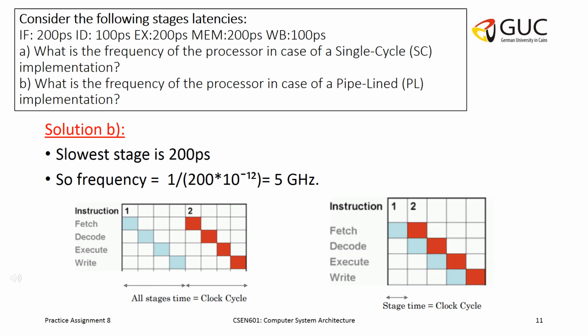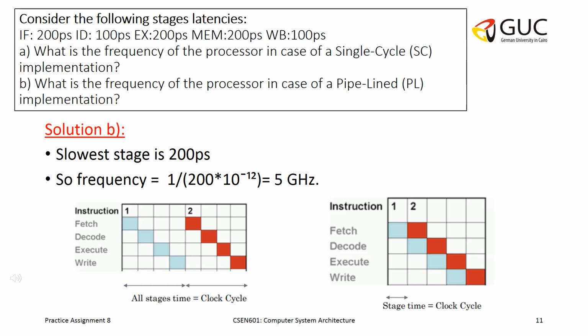So the first instruction moves to the decode stage while the second instruction is in the fetch, and so on. In the pipelining, the cycle time is the slowest stage, which is 200 picoseconds. As we see, the fetch is 200, decode 100, execution 200, memory 200, and write back 100 picoseconds. So the slowest one is 200.